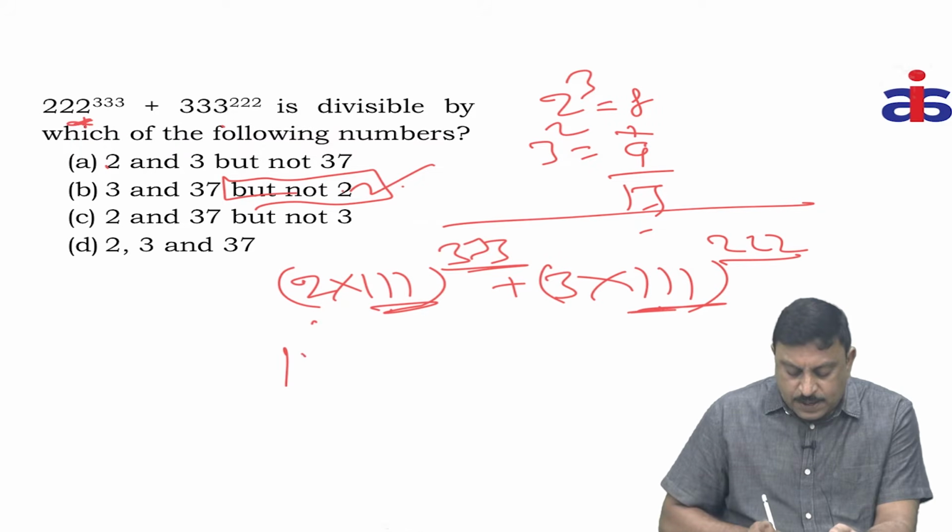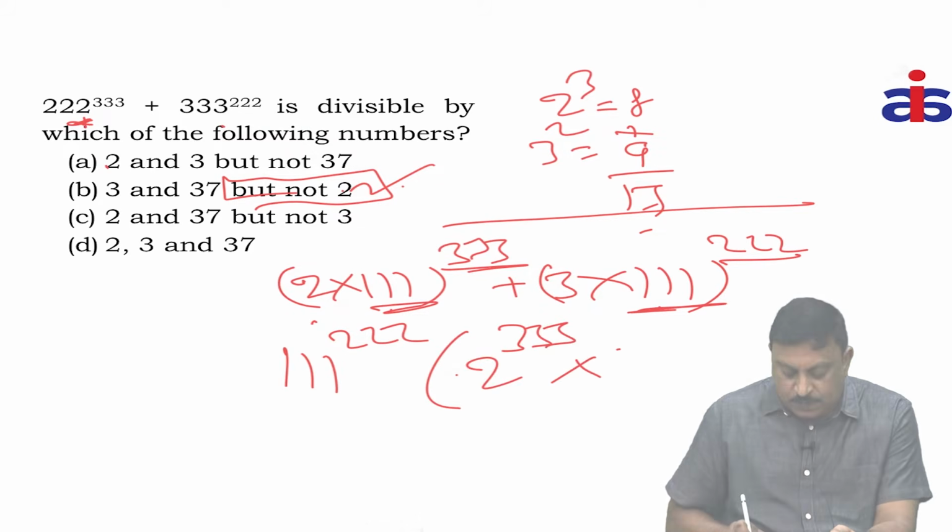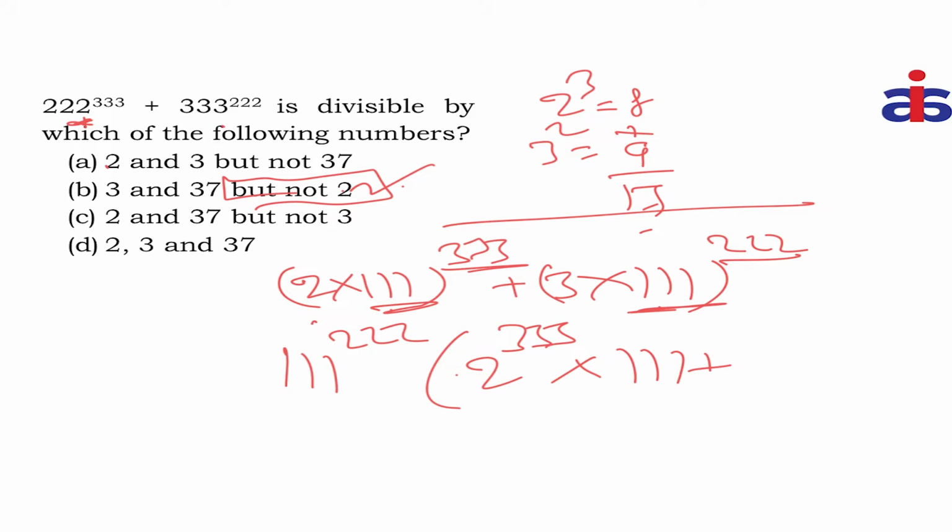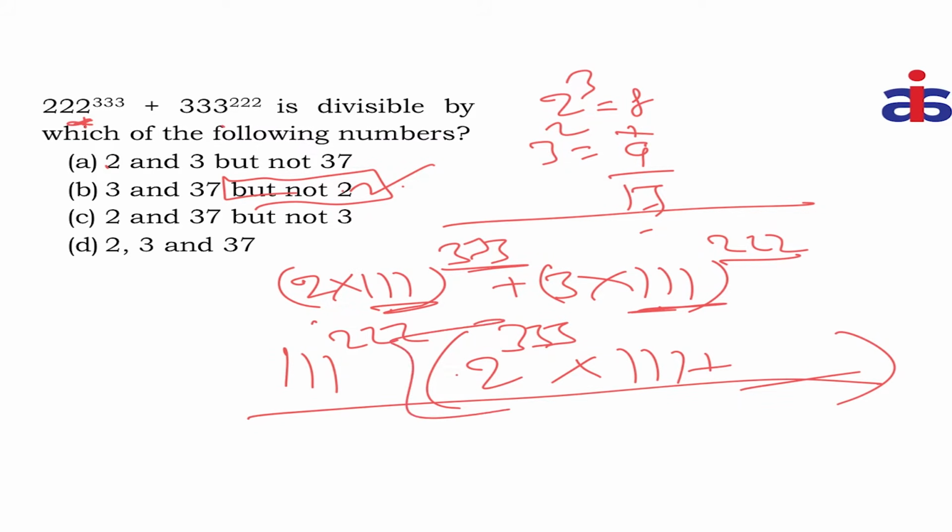So I can write this as 111 to the power of 222, and 2 power 333 as it is, plus the inside part. We are not bothered about the inside one.